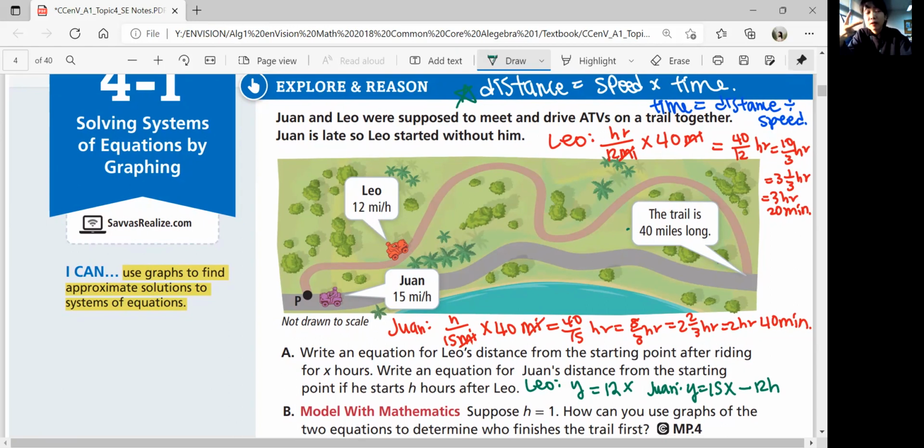We have two variables that are changing, and for each time, you have a single distance that corresponds to it. So we can have a relationship between two variables, and we can write that as a linear equation. And what does the speed represent in a linear equation? In this case, the slope of the line. In most cases, the speed will represent the slope of the line when we use a linear equation.